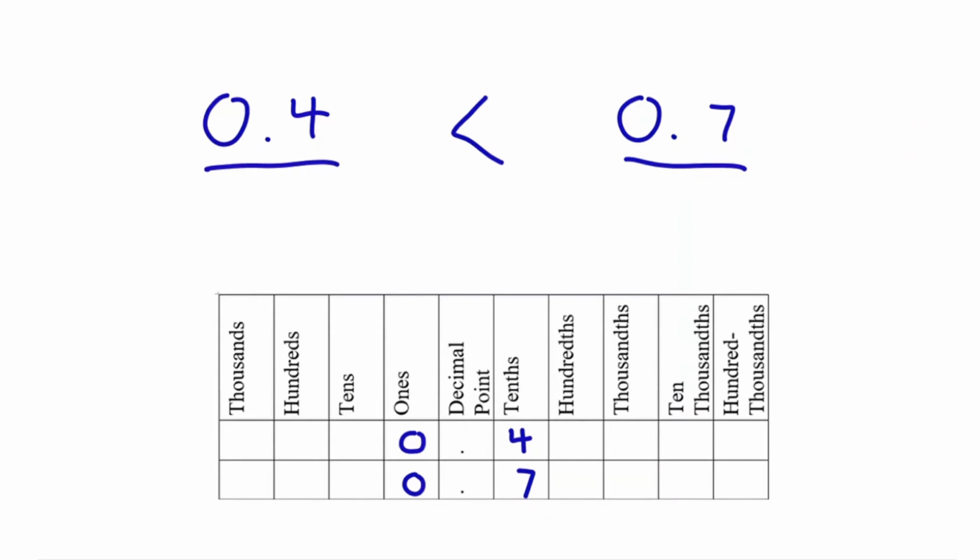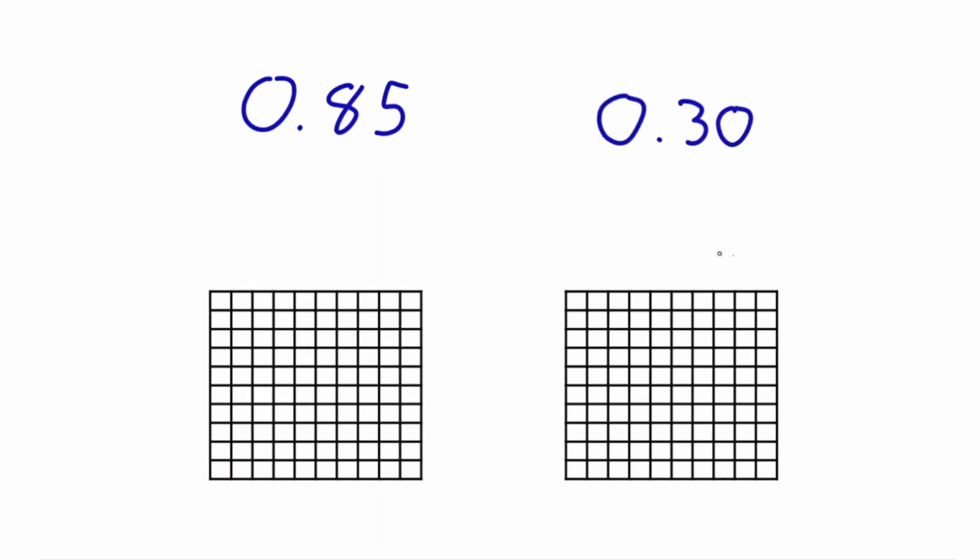Let's look at hundredths. So if we have hundredths, we have our grid here, our model, and we have 85 hundredths, and let's say 32 hundredths.